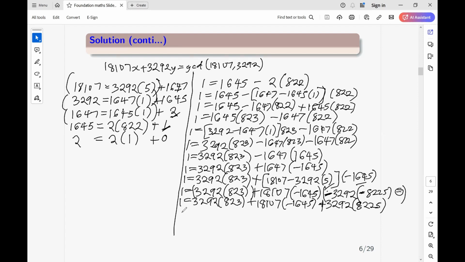So we have 3292 times 9048 plus 1817645. Okay, so maybe we can use our calculators to see if the numbers we found here are going to equal 1 once we multiply them.